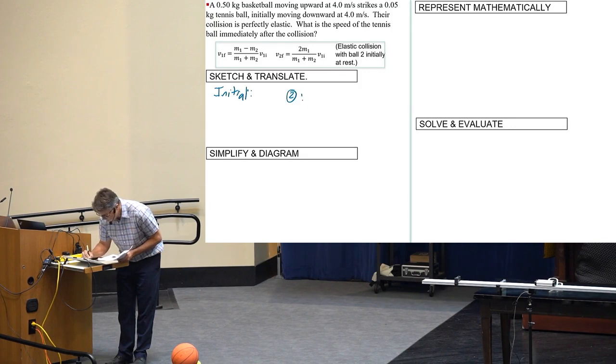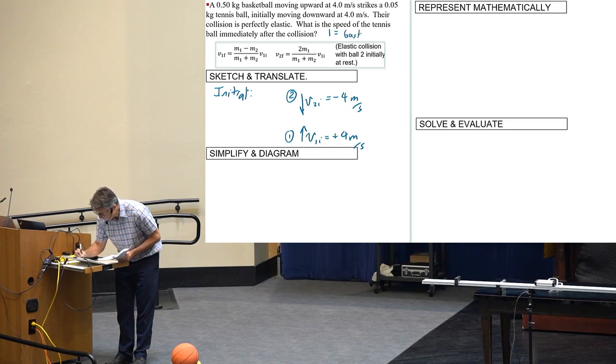Here's 2, it's going, V2 initial is negative 4 meters per second. And 1, the basketball, is going up with V1 initial plus 4 meters per second. 1 is the basketball and 2 is the tennis ball.